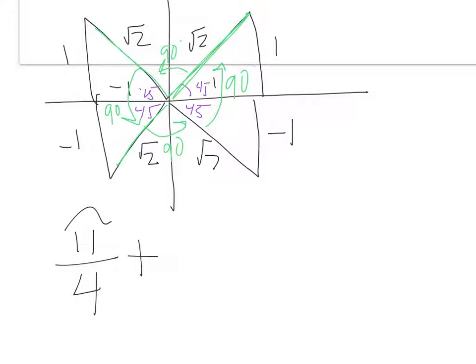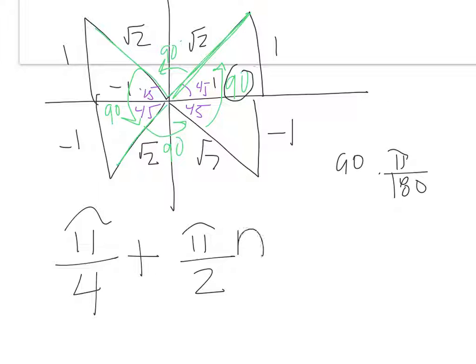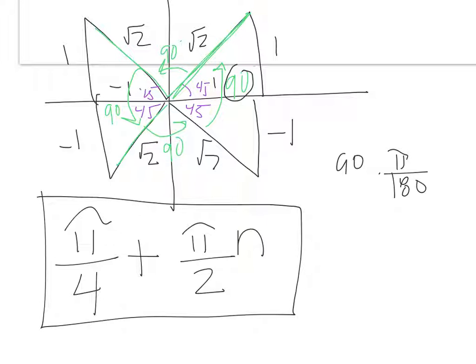Then I add my rotation, which is 90 degrees, or pi over 2 in radians. Since my rotation is 90, this is the one that has n with it. So it's pi over 4 plus pi over 2 n, because my rotation in between each and every angle is 90 degrees. There you go, all stars.